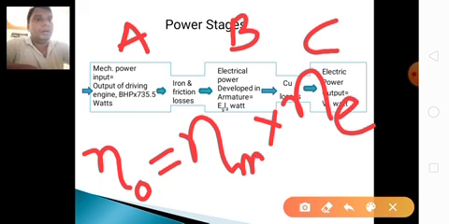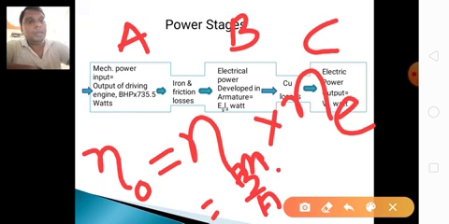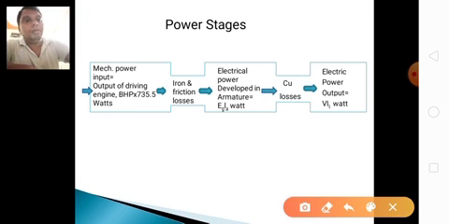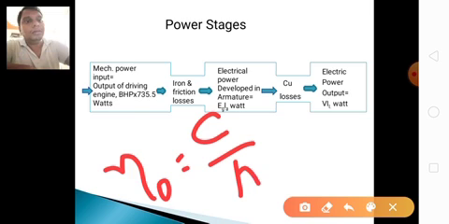The mechanical efficiency is B by A, into the electrical efficiency C by D. So B cancels, and the overall efficiency is C by A.